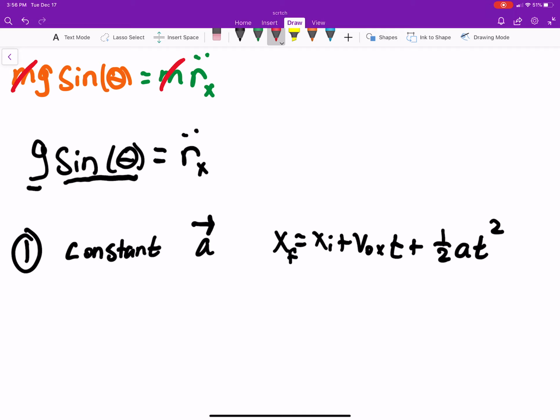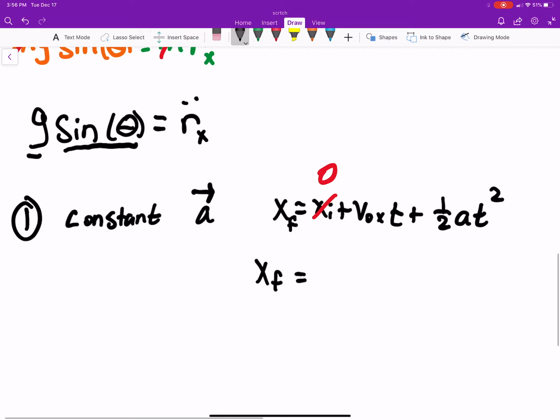Well, as long as we let our ball be the starting point of our axis, this is 0. So this simplifies into x final equals our v initial times time, because that's where our velocity is. It's all in that direction.